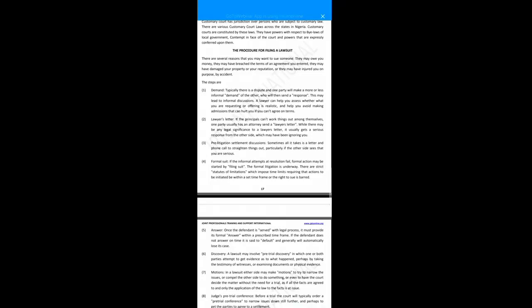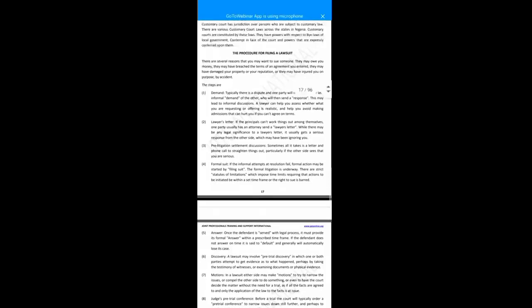Now, if the defendant does not answer on time, it is said to default and generally will automatically lose its case. So if the defendant refuses to respond, automatically the defendant will lose his case.